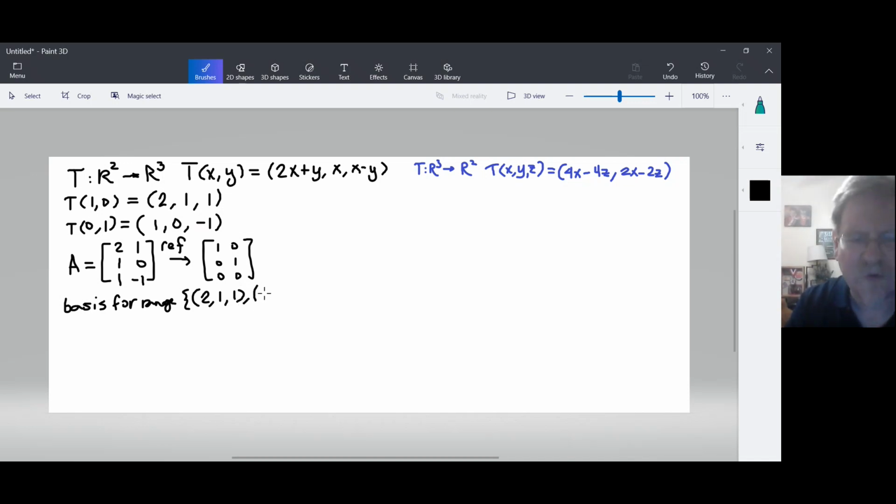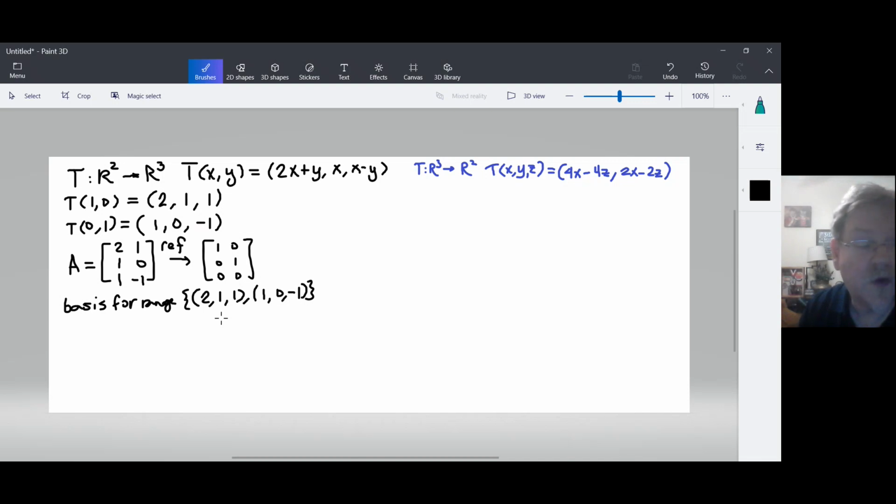It isn't always going to be that way; it just happened to work out that way here. That is the basis for the range. If you wanted to write what the range was, you would put the word span in front of those braces. The span of those two vectors is the range, because it's the basis for the range.